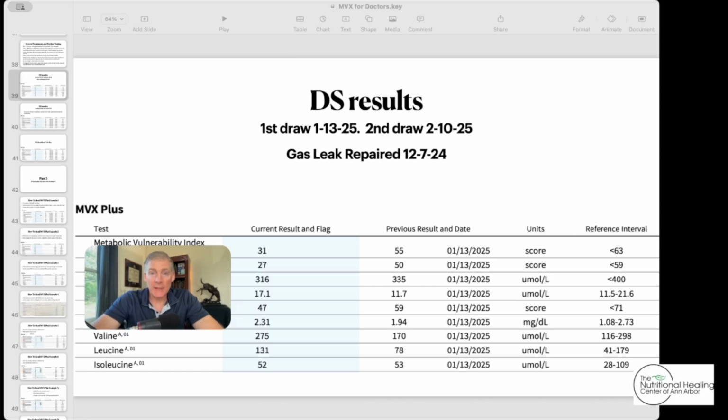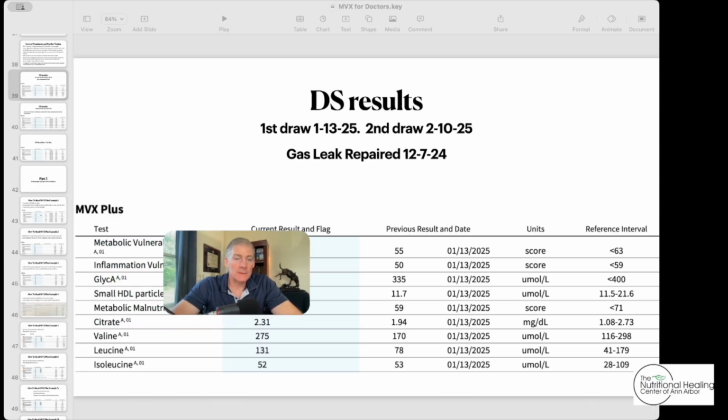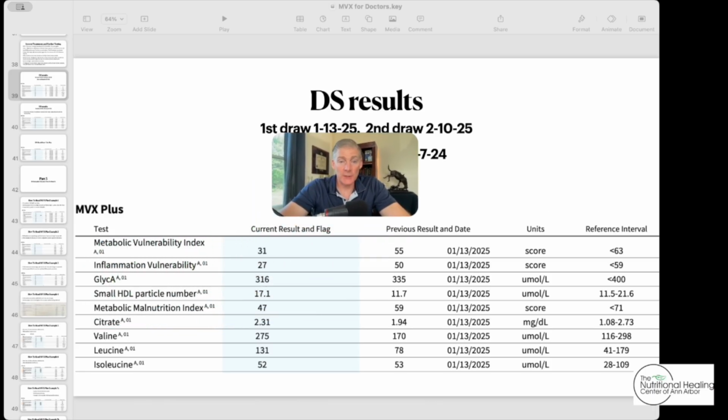And let's say you're eating a lot of protein. Are you digesting it and assimilating it well? So it encompasses a lot to do with protein, digestion, consumption, and then reducing the carbohydrate intake, low sugar, low pasta, bread, etc. So that's how the MVX looks.